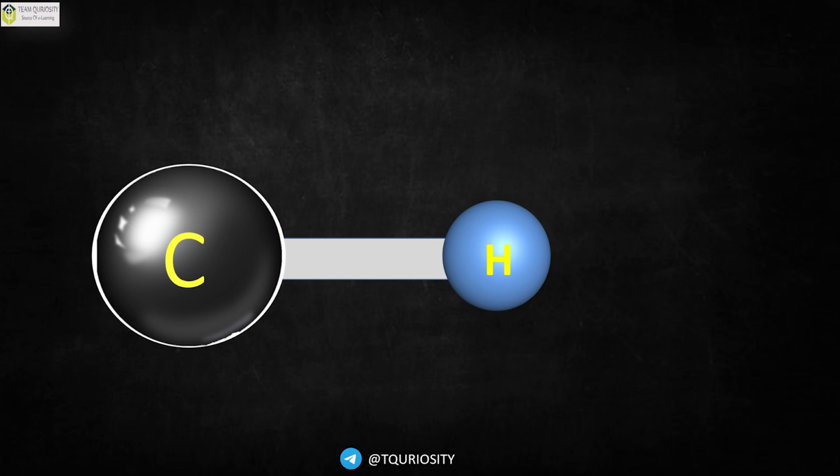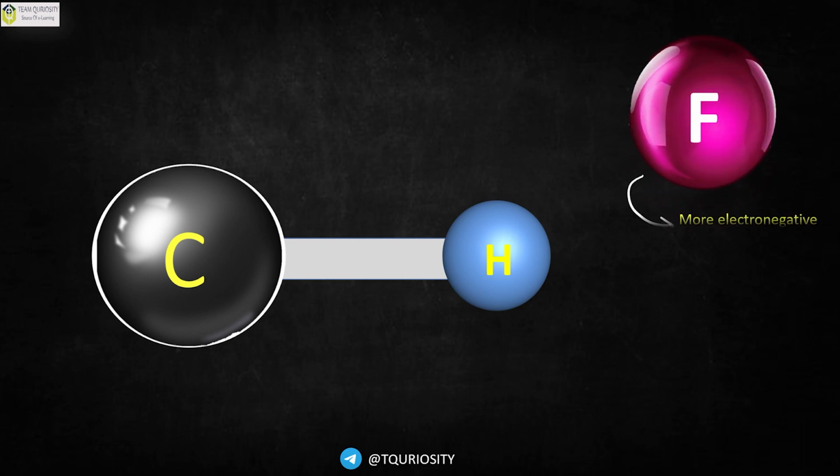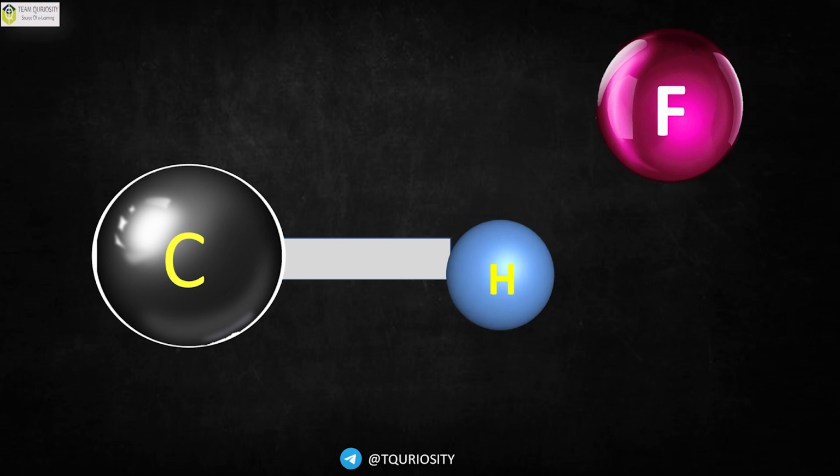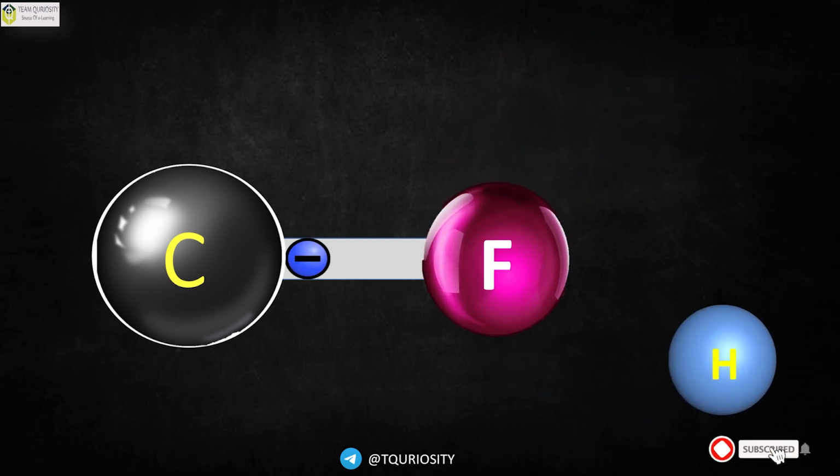For example, if we replace hydrogen by an atom like fluorine, which is more electronegative than carbon, fluorine will carry a negative charge as it will attract the shared electrons towards itself, and thus the carbon skeleton will carry a positive charge. This carbon in turn induces a small positive charge on the adjacent carbon.